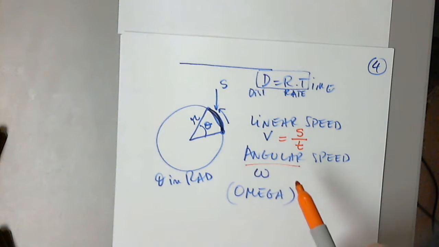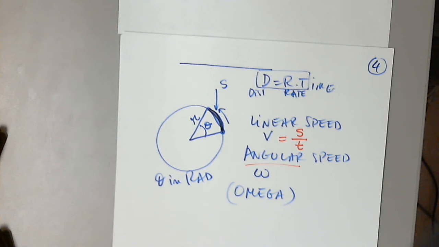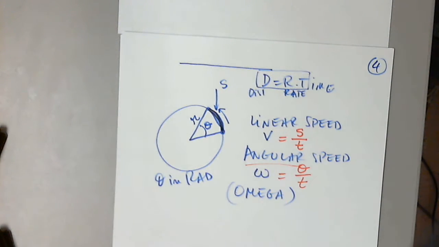The angular speed has something to do with the angle that we sweep, or we drive on. So this is theta divided by time. Omega.